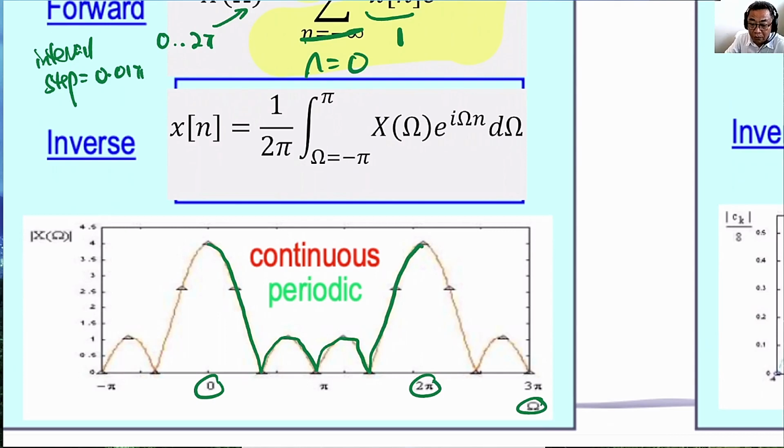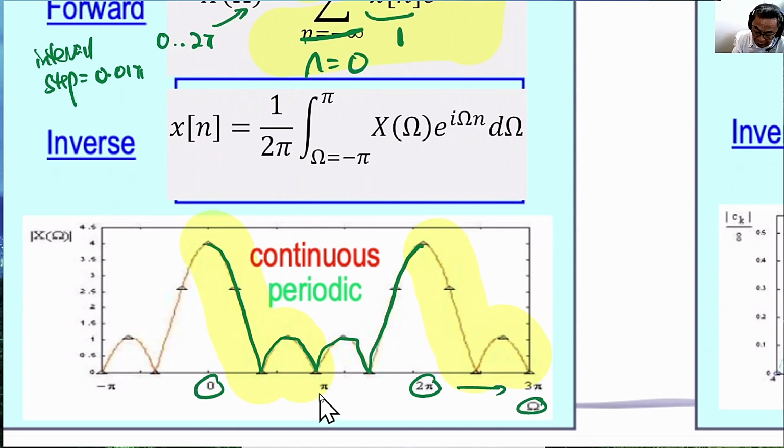Now, what happens if you decide to go from 2 pi to 3 pi? You'll realize that when you do that, the X of omega repeats. So actually it is the same as this one. From 2 pi to 3 pi is the same as 0 to pi. What about the other way around?